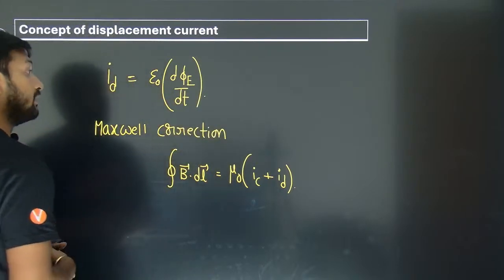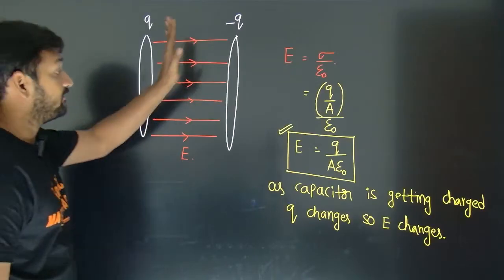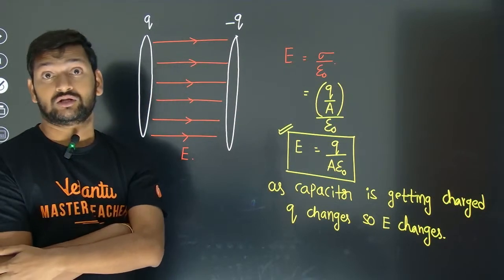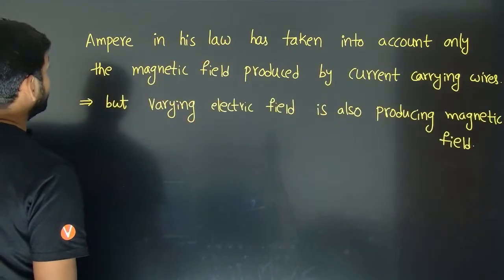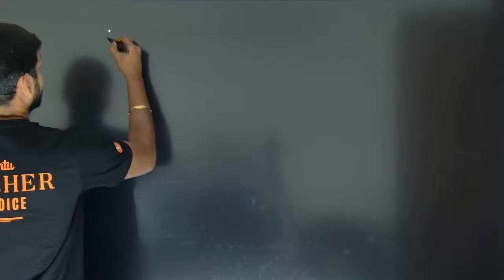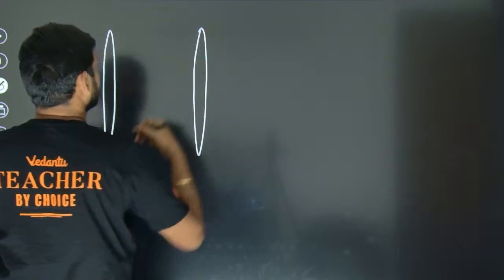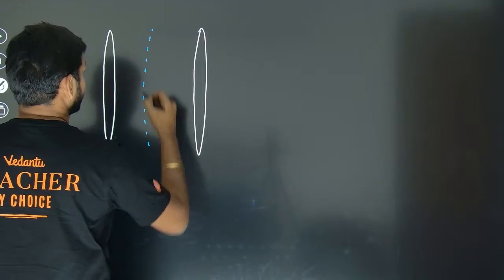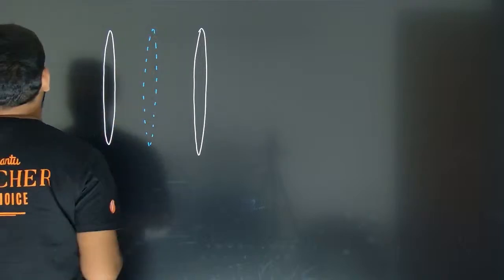Okay, fine. Now let us go back and see how much electric field is there in this region. We have it to be Q by A epsilon naught. Now we have chosen the Amperian loop, right? This was our Amperian loop.